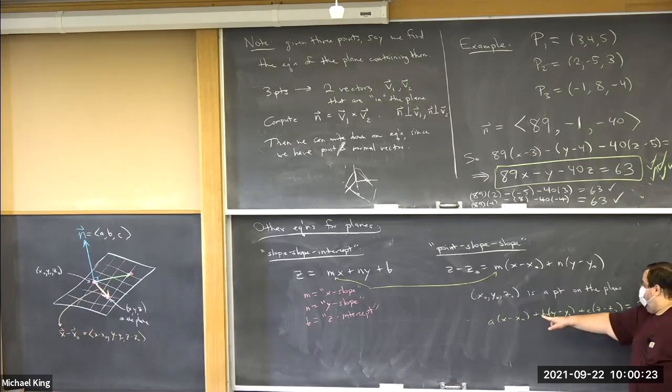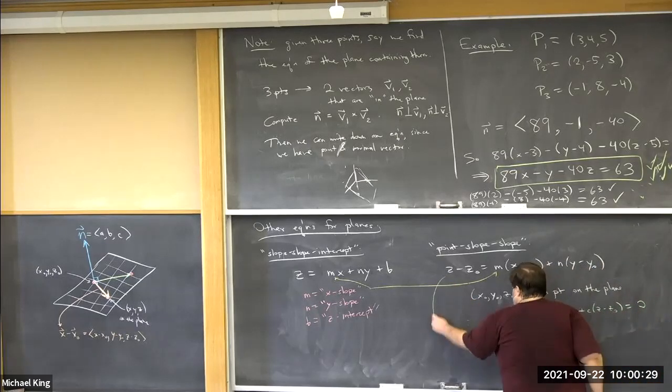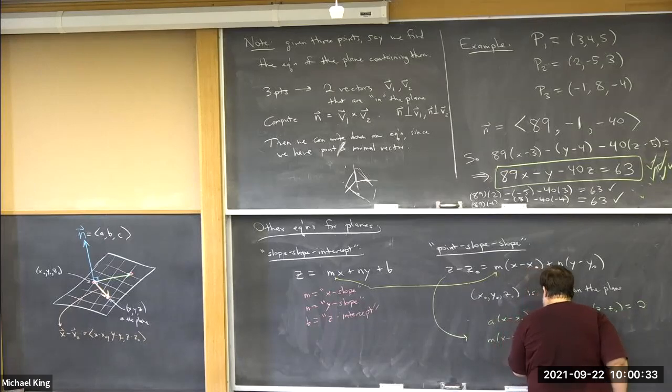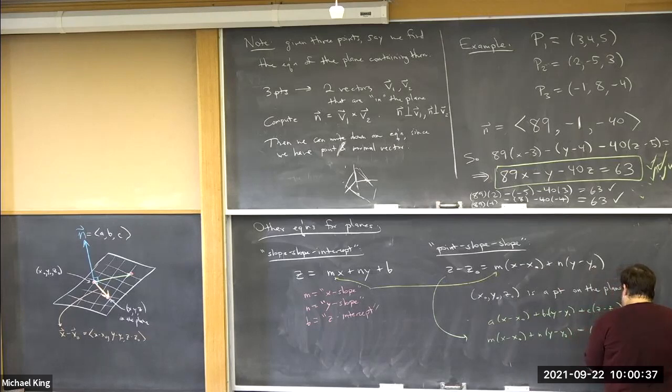I could divide through both sides by C or by negative C, I guess, because if I subtracted, I could get m times x minus x naught plus n times y minus y naught minus z minus z naught equals 0. And I'm just saying these look pretty much the same. But you need C to not be 0, which is equivalent to saying that the plane is not vertical.